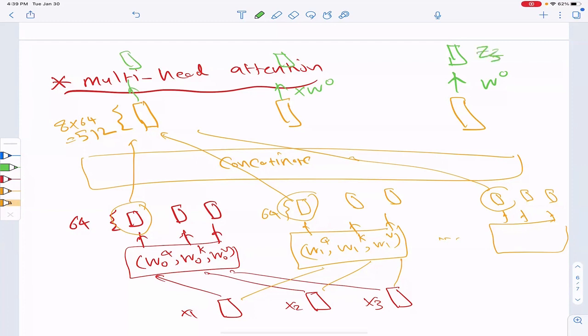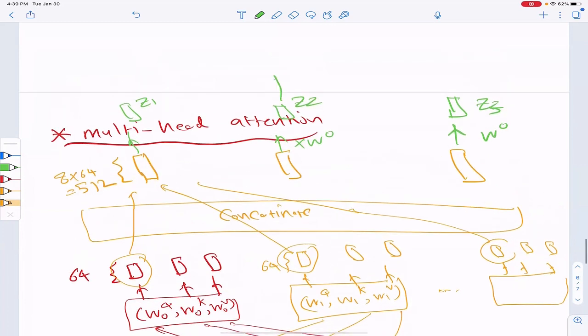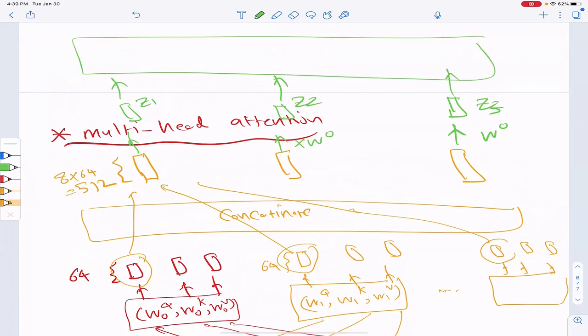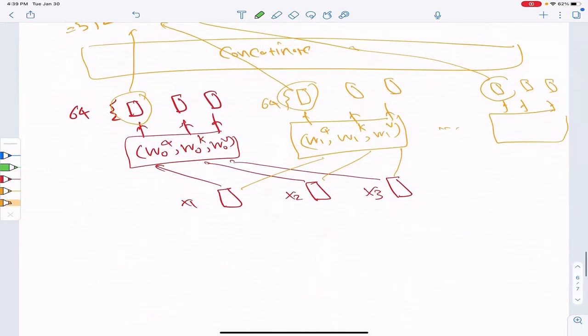This is Z3, Z2, Z1. This goes to the feed-forward network that we described. That is basically it. That is the encoder side.